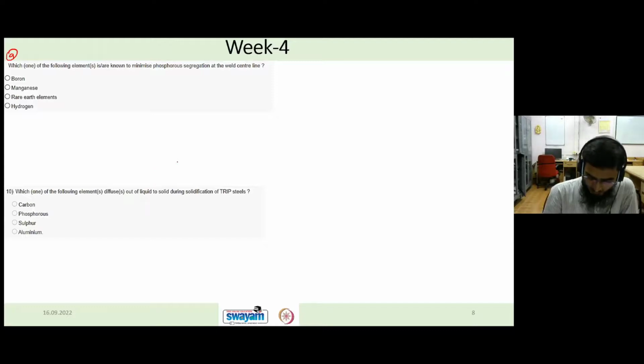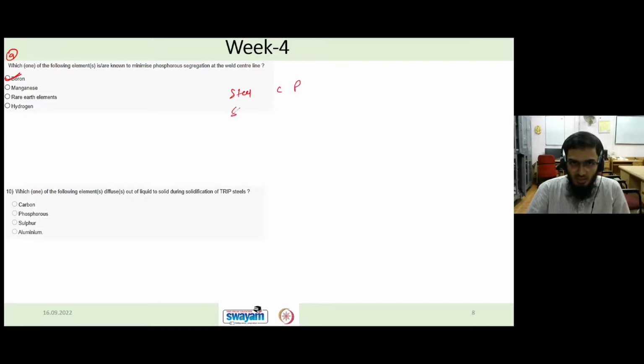So I'll tell the right answer. When you add boron, it will minimize the phosphorus segregation at the weld center line. In the lecture itself, sir has taken some examples of steel: steel containing carbon and phosphorus, steel containing twice the amount of carbon and the same amount of phosphorus, and the third case, steel containing carbon, phosphorus, and boron.